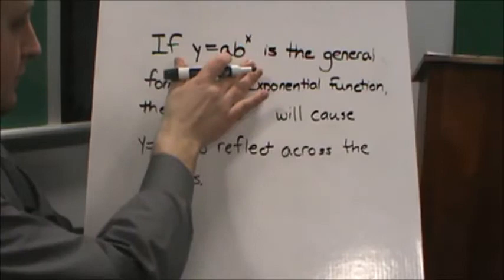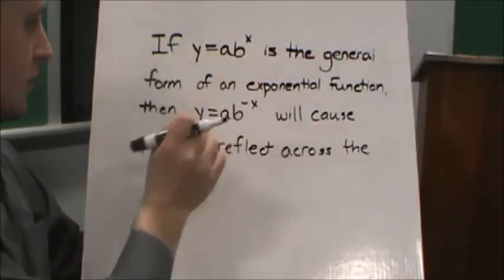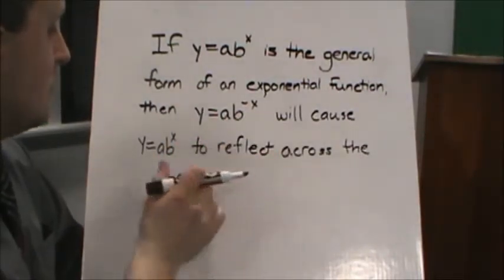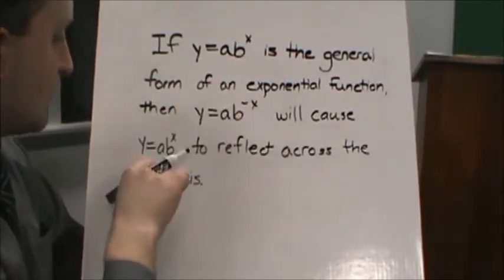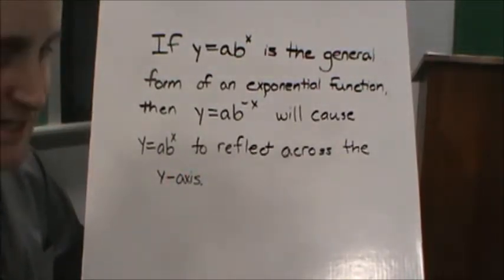So again, if we have our general form y equals ab to the x as our exponential function, then y equals ab raised to the negative x will cause our general form y equals ab to the x to reflect across the y-axis.